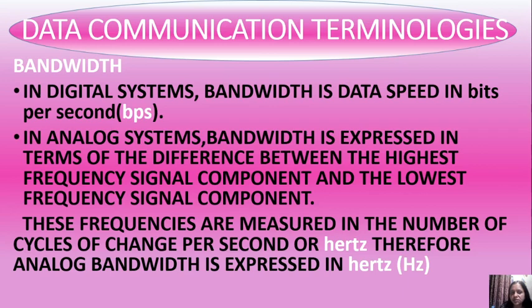These frequencies are measured in the number of cycles of change per second, or hertz. Therefore, analog bandwidth is expressed in hertz. So this is the difference between a digital system and an analog system: in a digital system, bps is the measuring unit, and in an analog system, hertz is the measuring unit.